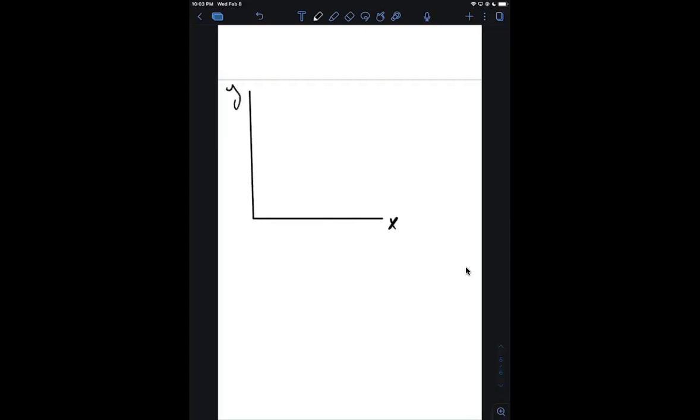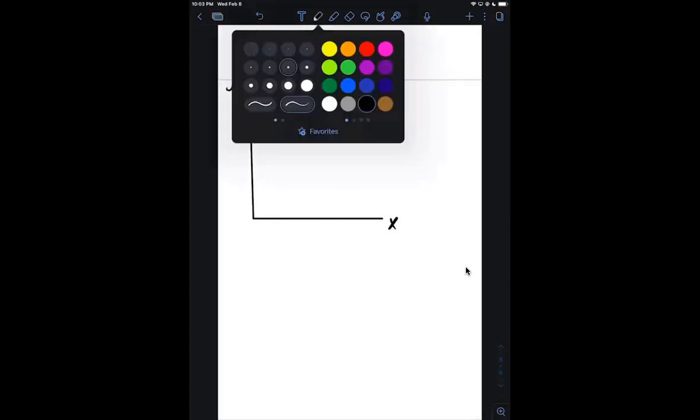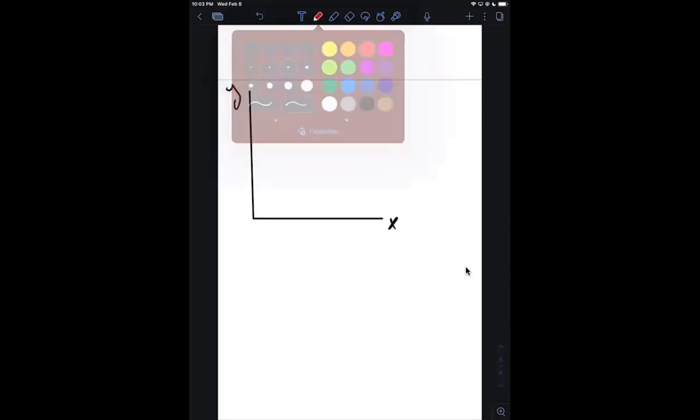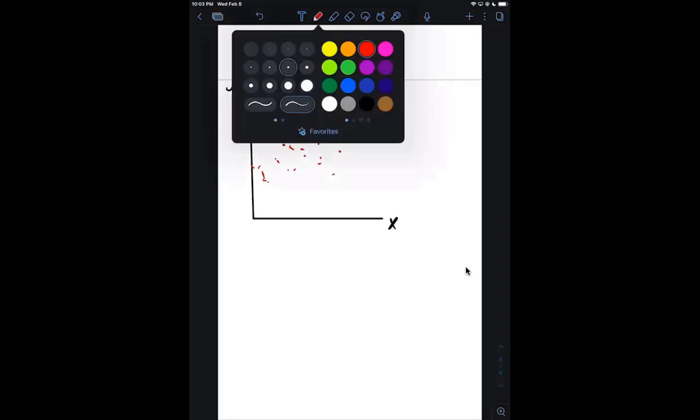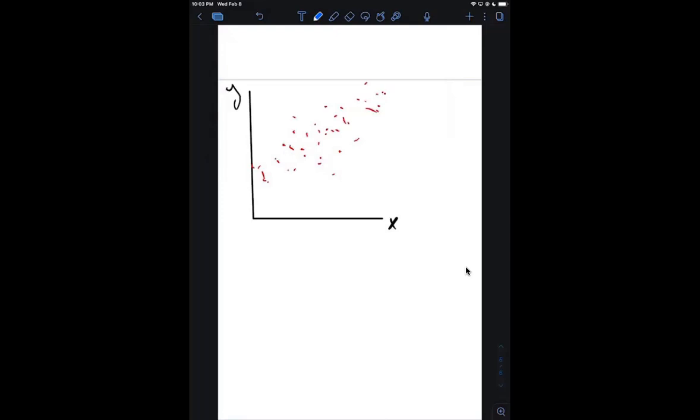So in the traditional way of thinking about regression, we have a scatter plot here, which again is variable space because the variables are on the axes. So they define the space. And we might have a cloud of points that looks something like this. And what we are trying to do is find a line that passes through these points in some way, or on some criteria.